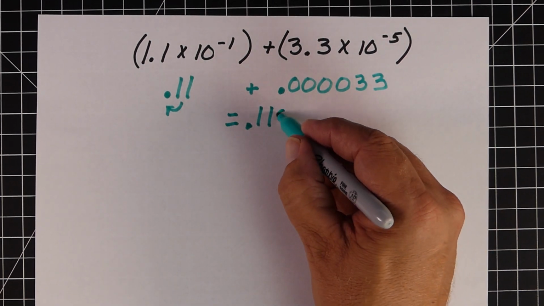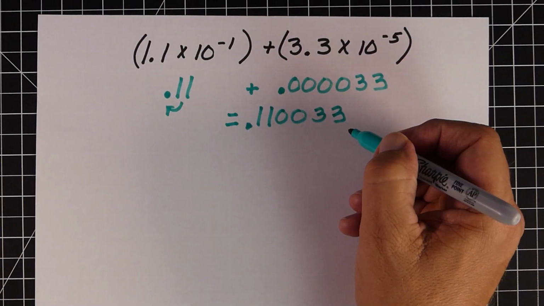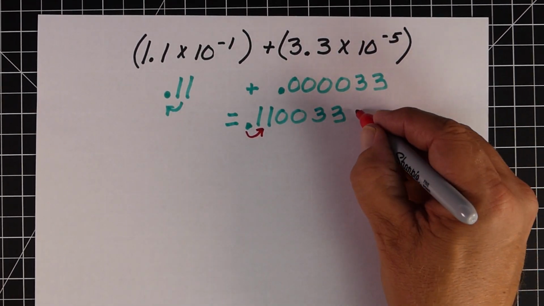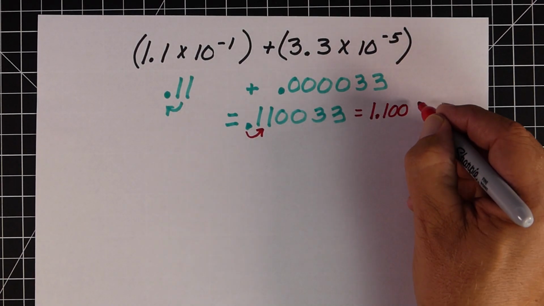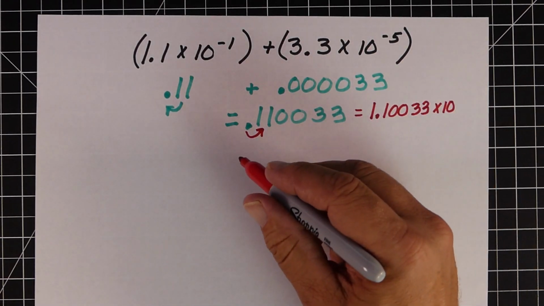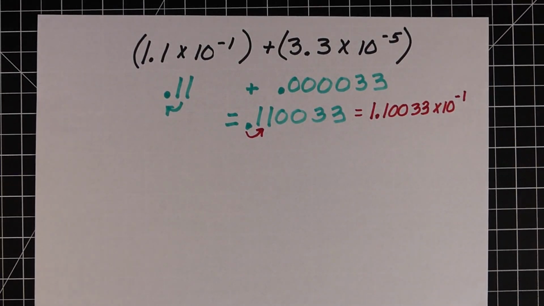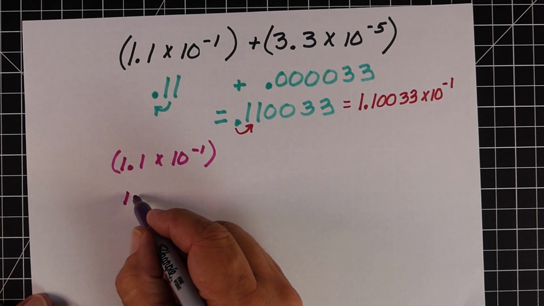When you add that up, you're going to get 0.110033. You'd have to move your decimal 1 time to the right, and your answer would be 1.10033, and that would be times 10, and that would be because we moved it 1 time to the negative first.